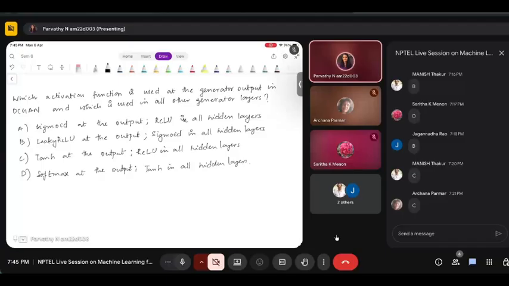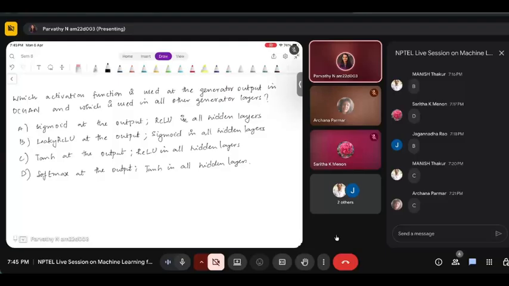Which activation function is used at the generator output in DC GAN, and which is used in the other generator layers? Sigmoid at the output, ReLU in all hidden layers. ReLU at the output, sigmoid in all hidden layers. TANH at the output, ReLU in all hidden layers.